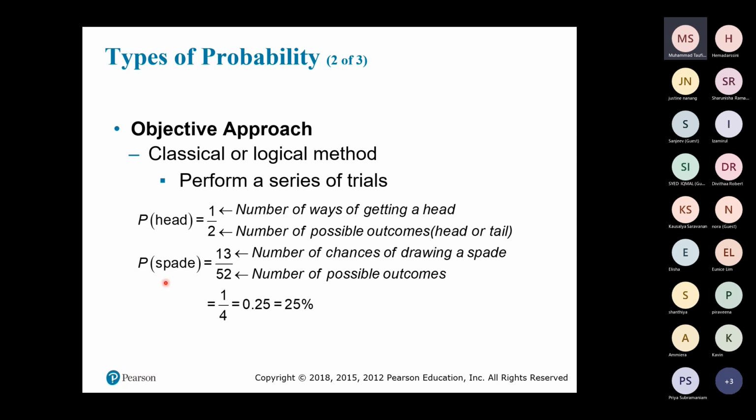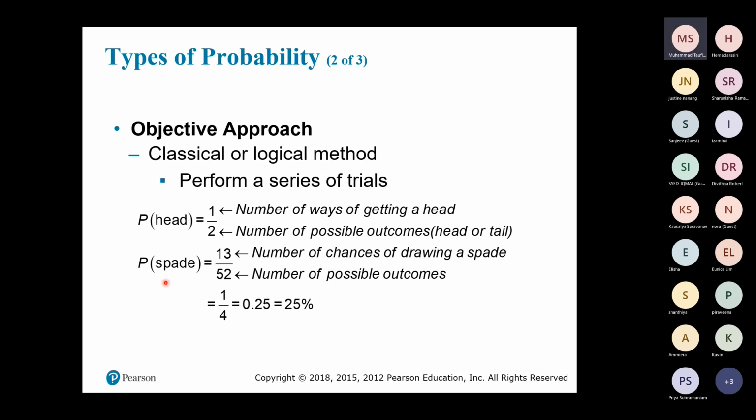Your desired outcome is 13 cards and your possible outcome is 52 cards. So the probability of getting a spade out of the deck is 13 cards out of 52 cards, or you can write it as 13/52.